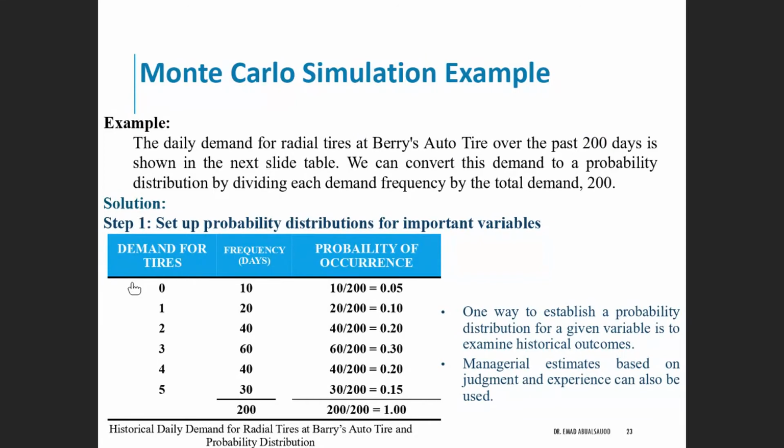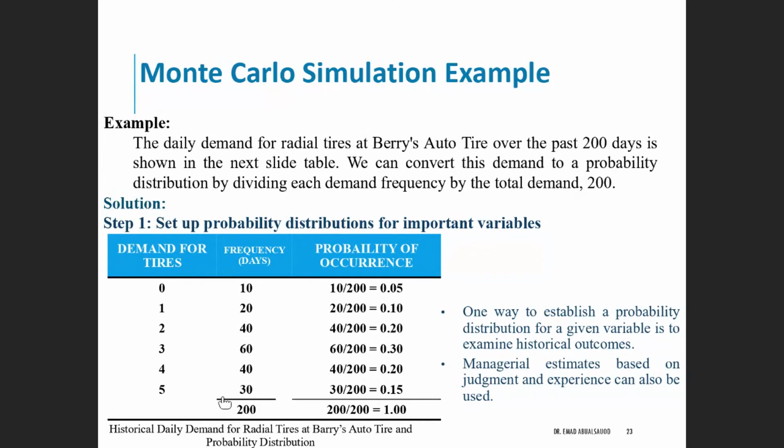So I have zero demand, no tires requested, for 10 days. I have one tire requested that repeated 20 days. 5 tires requested, and that request appeared 30 days. So the frequency of each demand is listed here. Now this was a total of 200 days of data, and this is from the historical data we have.